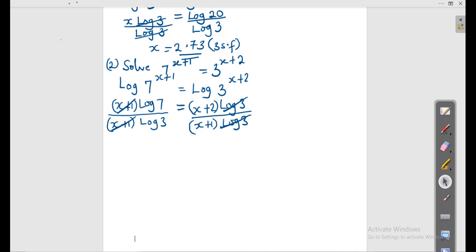You can as well do x plus 2 log 7. Just to pick one thing from the left, one thing from the right. So this gives us what? Log 7 over log 3 equals x plus 2 over x plus 1. Then you solve this to get x.